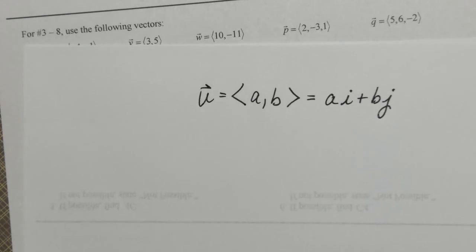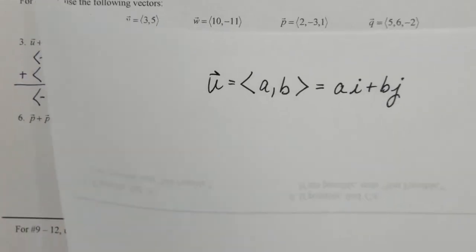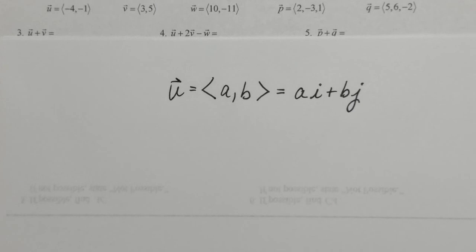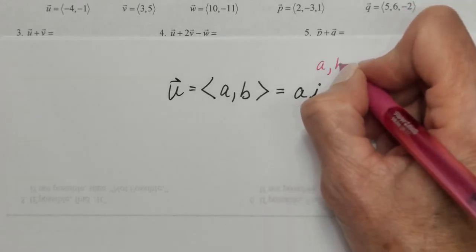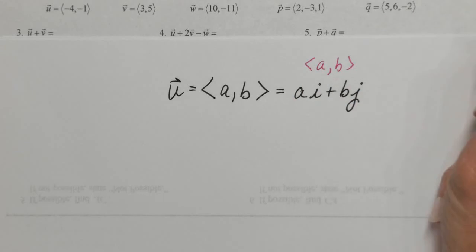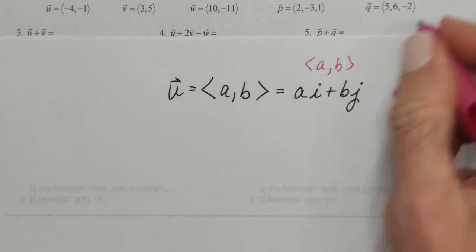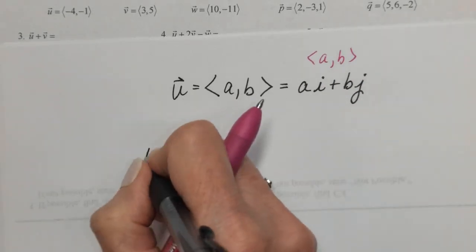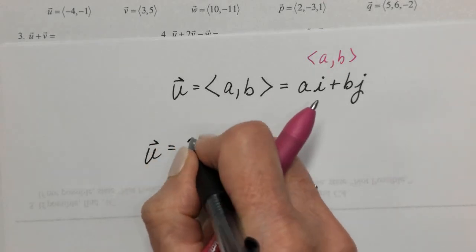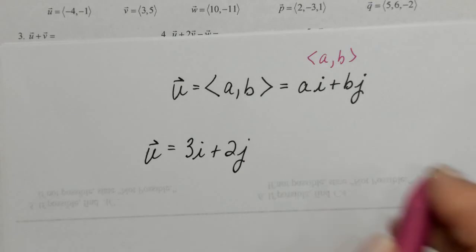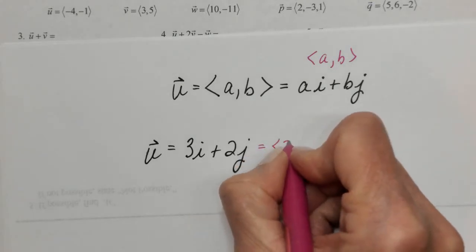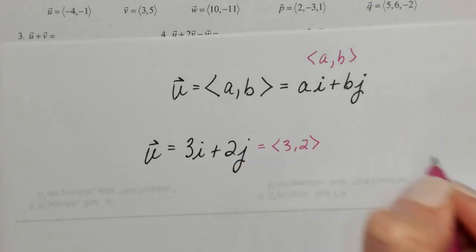It's just another form of how to write a vector. It means exactly the same thing, though. When I see this form, I think that is (a, b). So if I give you that vector u is 3i plus 2j, you can just think, okay, that means (3, 2). All right?